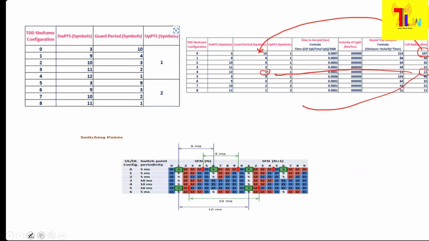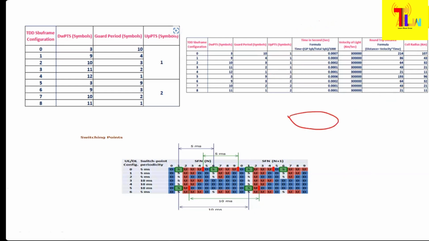So depending on your cell profile, whether dense urban, rural, or hilly terrain, you know your profiling and your cell radius. Based on your cell radius you calculate the distance, then based on that you calculate the symbols, and based on these symbols you design your downlink and uplink.